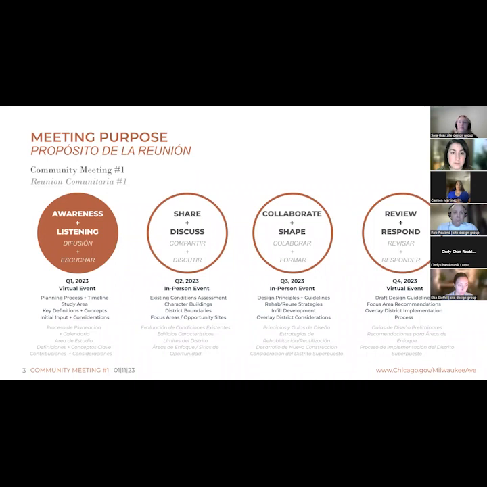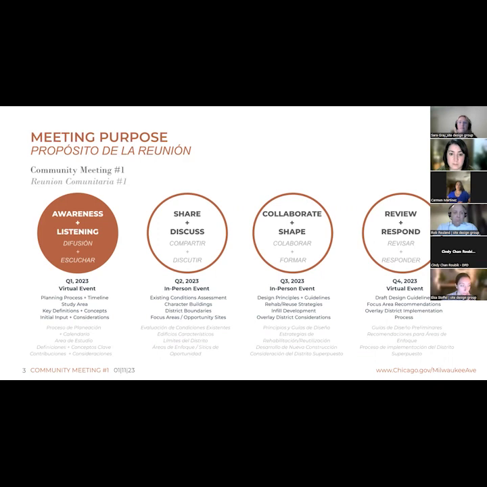The next 3 touch points, between quarters 2, 3, and 4, are other community meetings, which you'll all be invited to. We'll have the opportunity to share more of our existing conditions, to discuss the project, talk about ongoing key focus areas, and talk about where we are with the project.